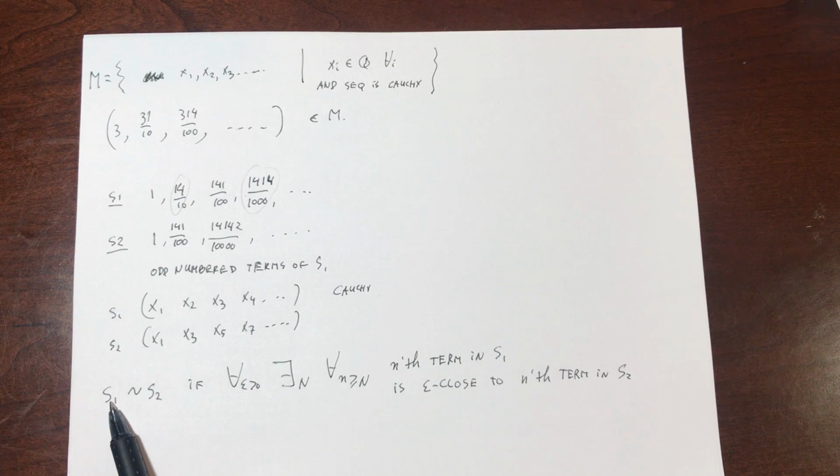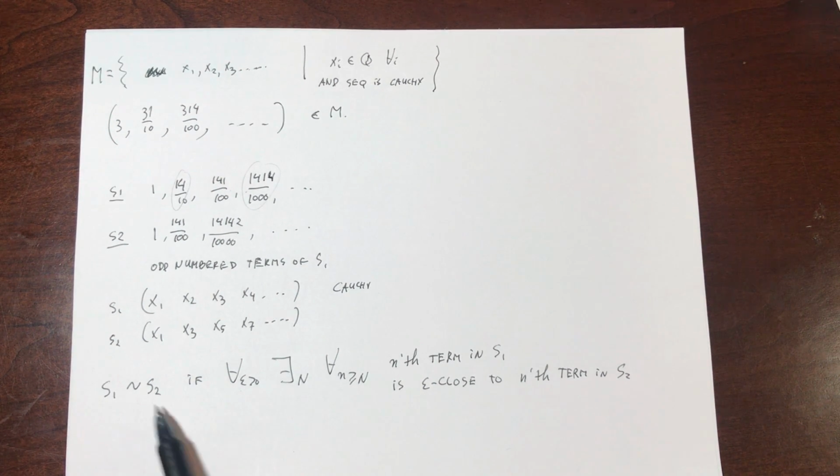So if the nth term in this is really close to the nth term in this, if for every positive epsilon some tail of this and a tail of this all get epsilon close to each other, then we say that the sequences are equivalent.